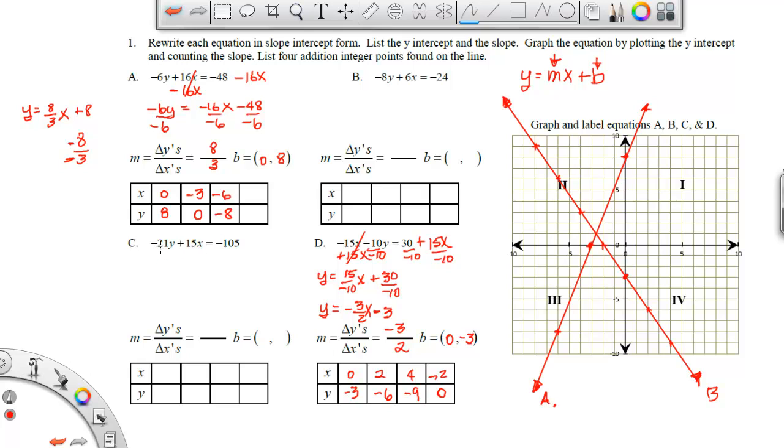So we've got a negative 21y plus 15x equals a negative 105. So I always take care of the x term first, so I'm going to subtract it from each side. That's gone. And then now I'm going to divide everything by negative 21.